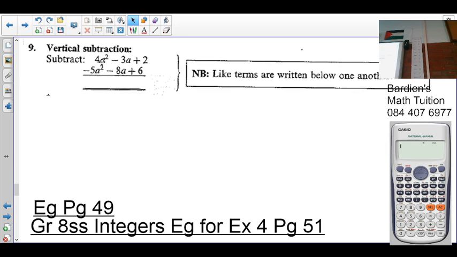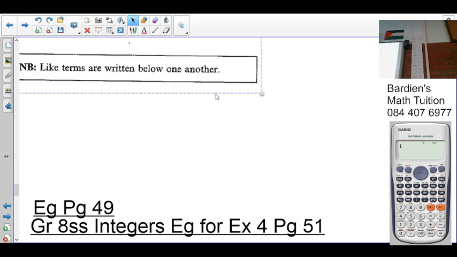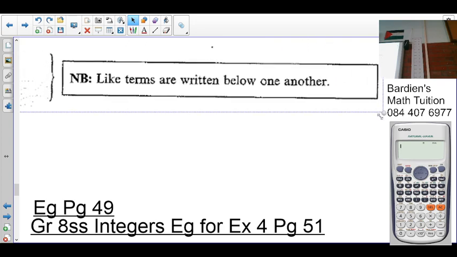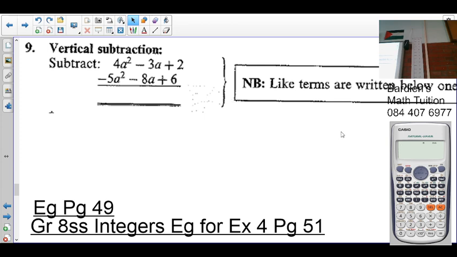Vertical subtraction. Remember we did vertical addition? Important to note, like terms are written one below the other. Okay. Now we are told to subtract.